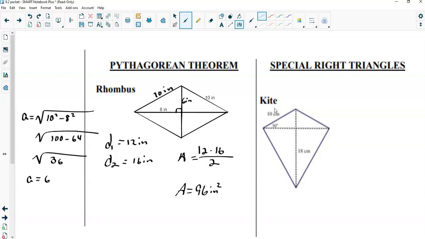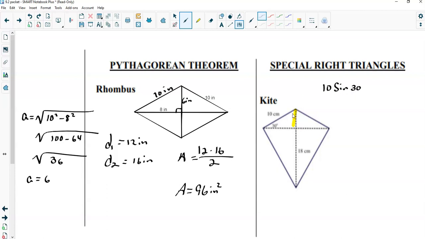And then we have another one right here. This one is a kite. Well, I have 18 centimeters for this one. This is 30 degrees. I'm looking for this short part right over here. Let's see, I'm looking for this. That happens to be the opposite over the hypotenuse. The hypotenuse is the last one, so that would be 10 sine of 30 degrees.